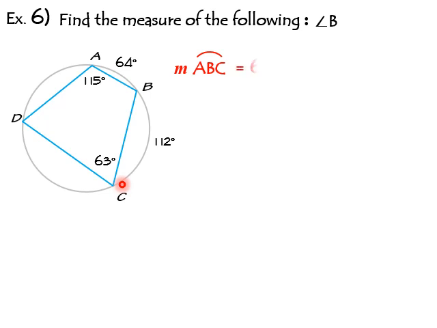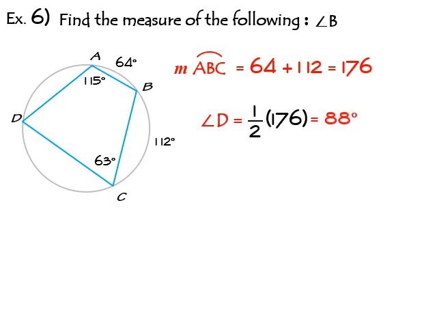So here, AB is 64 plus BC, which is 112. That gives us 176. Now, this arc here is 176, so we know that D is going to be half of that. So D is half of 176. D is 88.